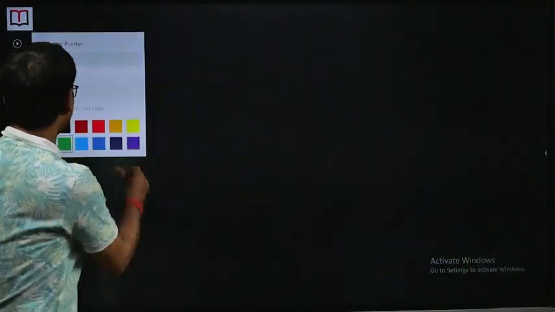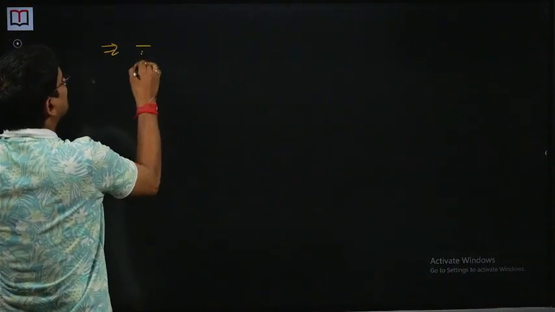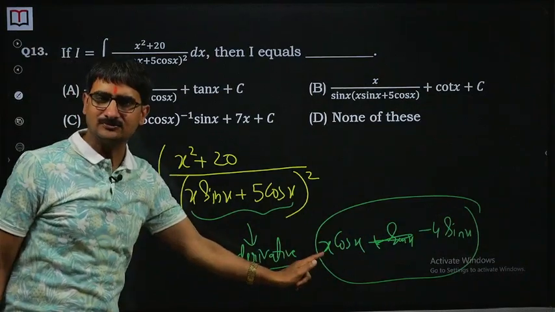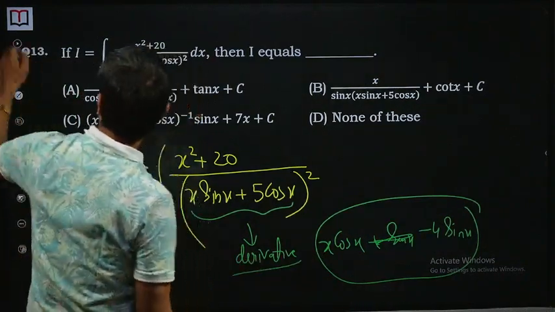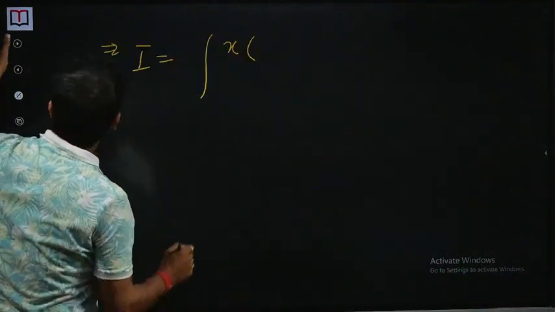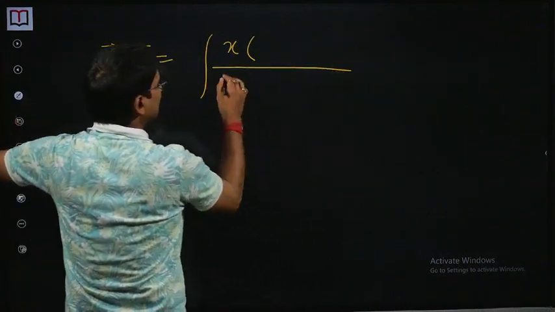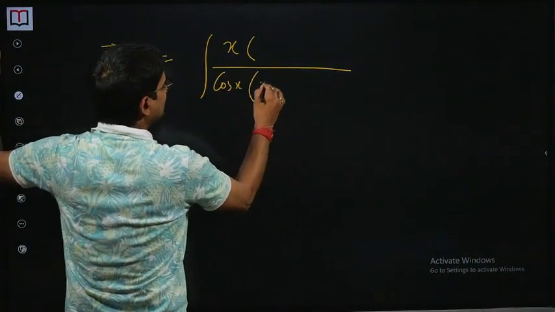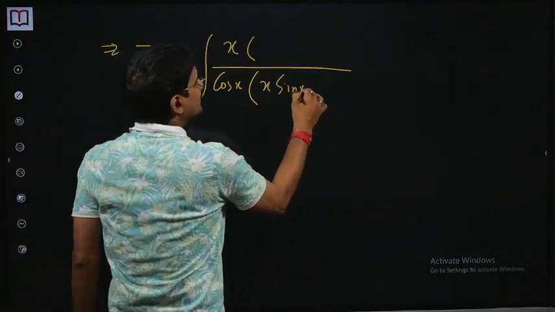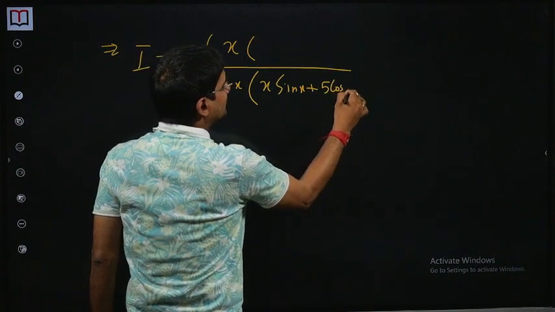Let me try it again. So then I try to write x squared in terms of this term. How? So I wrote x into, we need x cos x, so I multiplied and divided by cos x. So cos x into x sin x plus 5 cos x whole square.